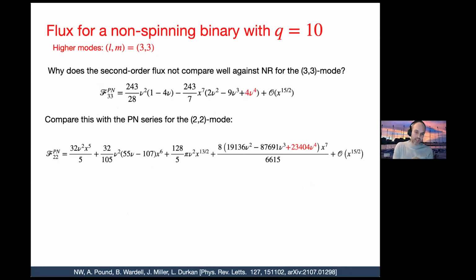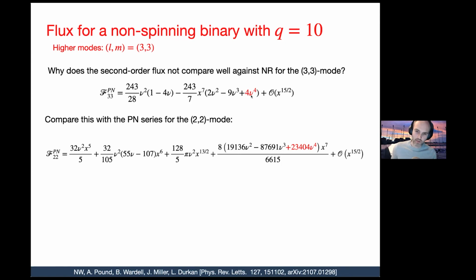How can we perhaps understand that? Well, if you look at the post-Newtonian series for the 3-3 mode of the flux, you can see that the third order self-force result appears in the first subdominant term of the PN series. Apologies, there's an x to the 6th missing from this leading term here.